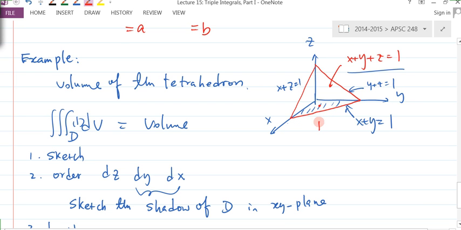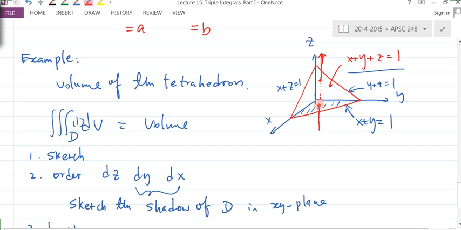Then we draw a line in the positive z-axis direction across this region D. You bump into this region D with the first contact point, and then exit with the second contact point.